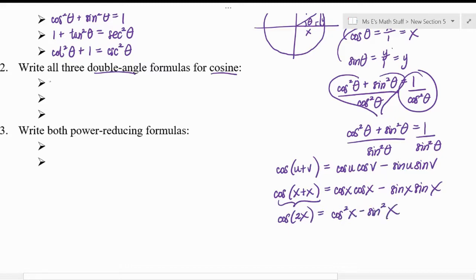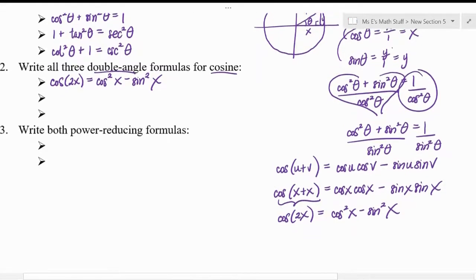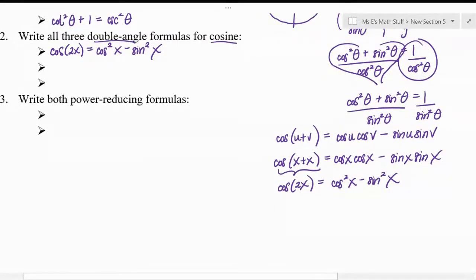What I'm showing you here was all the rage last year in chapter 5 in pre-cal, but just because it made sense back then doesn't mean that it especially makes sense again today. So I just wanted to remind you of these things. Okay, now let's say you want to know what cosine of 2x is, but you don't want to have to know what cosine and sine are, which you'd have to know for this formula. Let's say you only know cosine and you want to know cosine of 2x.